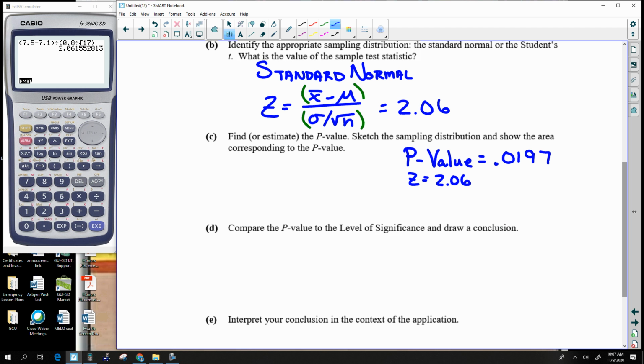And because this is a two-tail with a z, I have to do the work, so times 2 due to two-tail. So the p-value is actually equal to 0.0394.